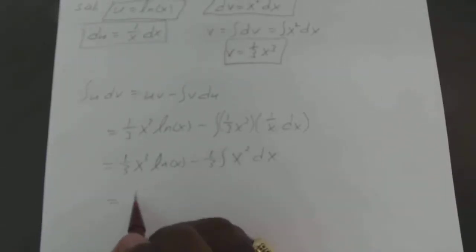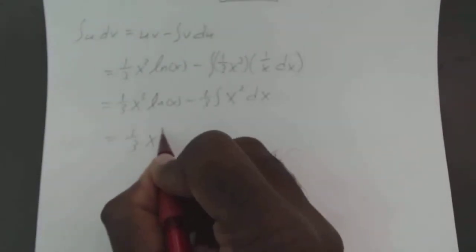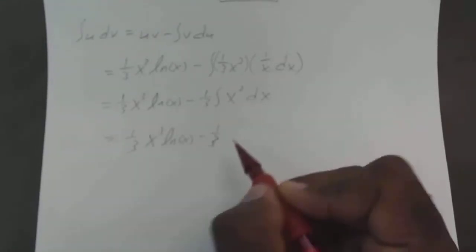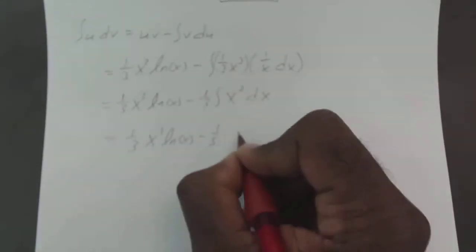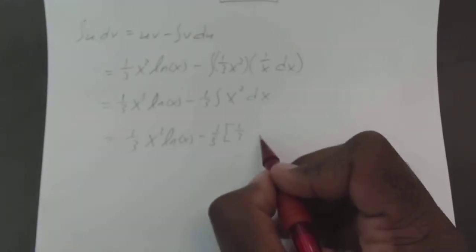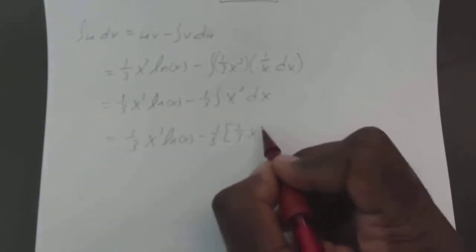So this becomes 1/3 x to the third natural log of x minus 1/3, and then x cubed over 3 once we solve for the integral of x squared, plus c.